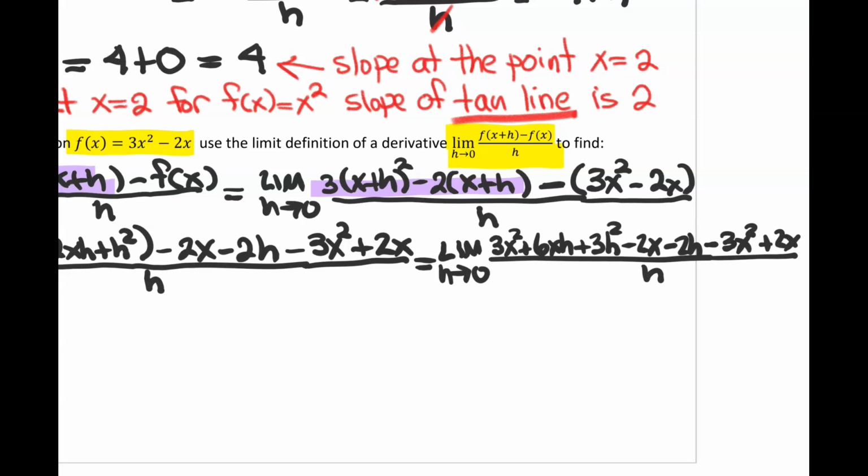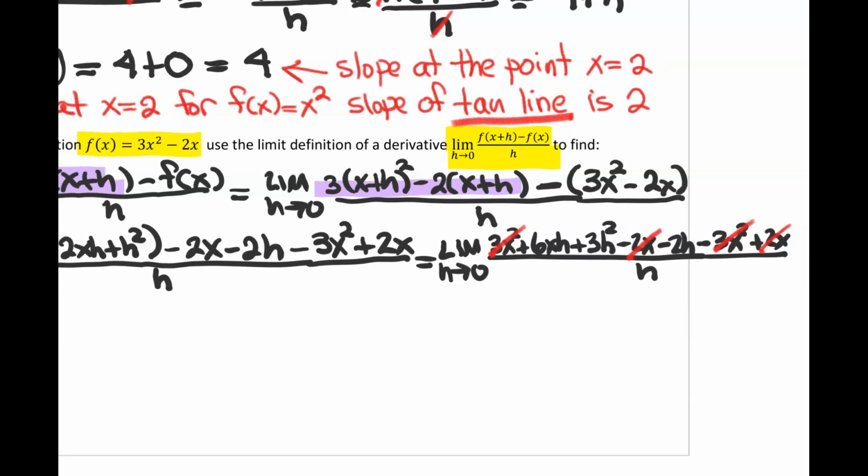Alright, let's get some stuff canceled out. 3x squared cancels. We have a 2x that cancels. Let's see, I don't see anything else. What I do see is that on the top, every term has an h. So I'm going to be able to again factor out an h and cancel with the h on the bottom. So that'll be great.